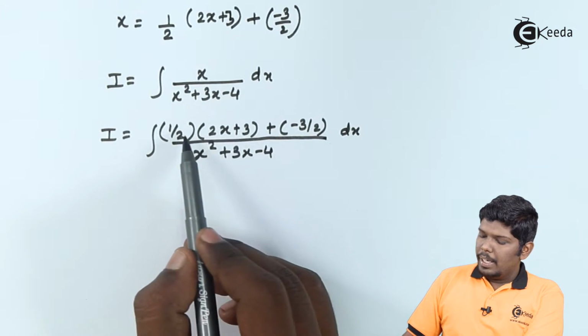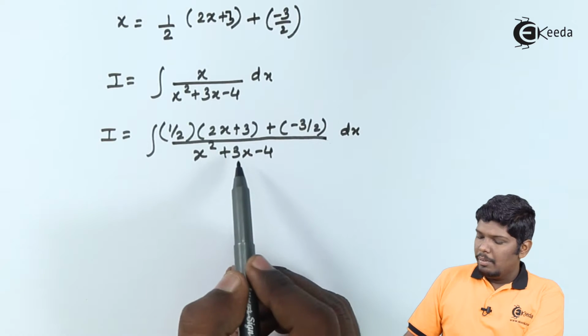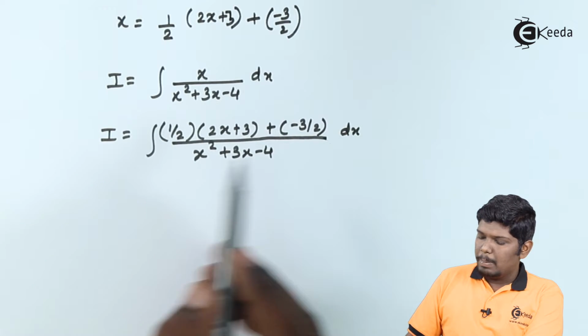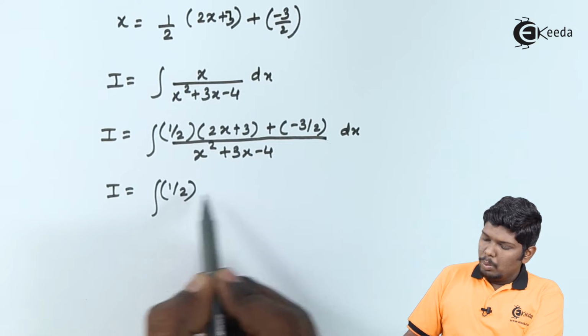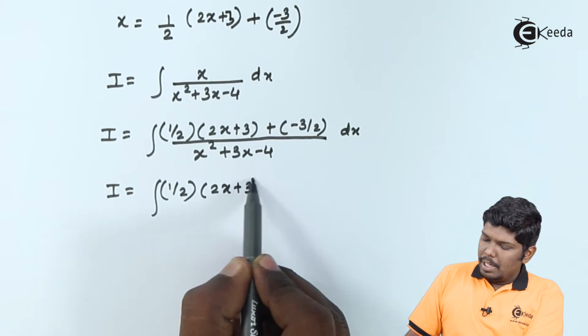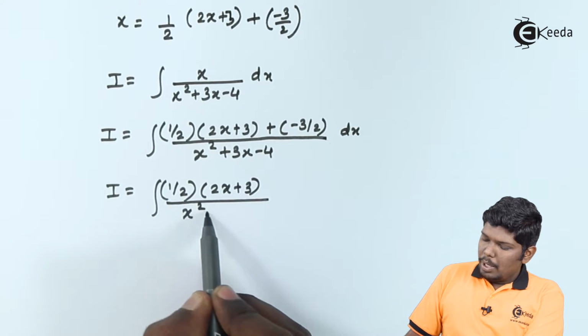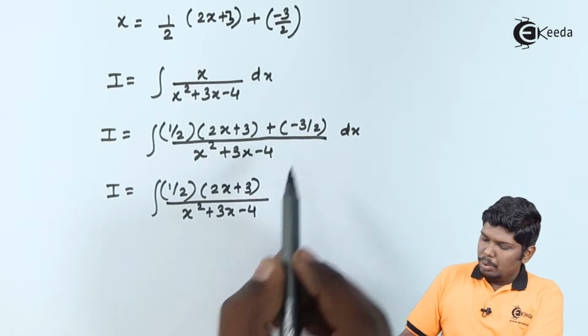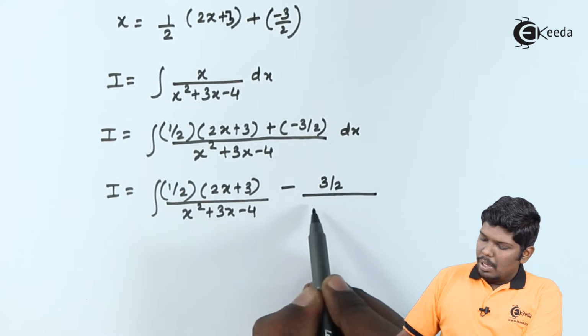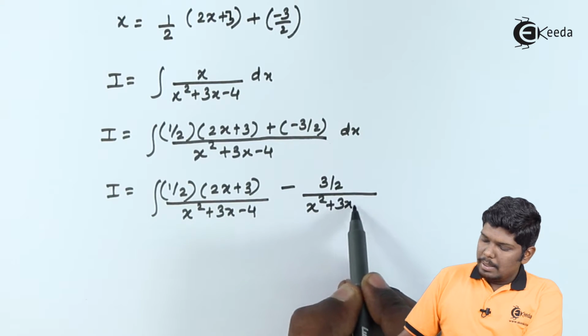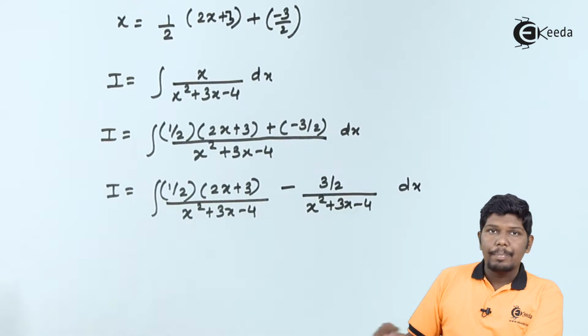As you can see, in the numerator we have two different parts. We can separate the denominator to both these parts. This will give you 1 by 2 2x plus 3 upon x square plus 3x minus 4, plus into minus is minus 3 by 2 upon x square plus 3x minus 4 dx.